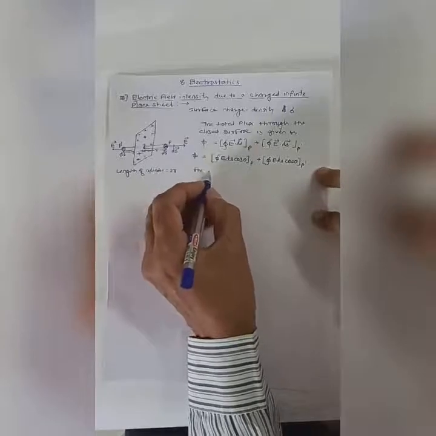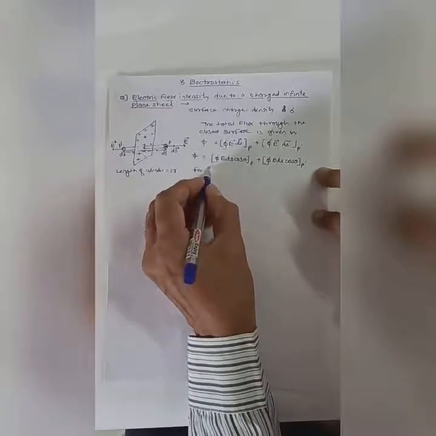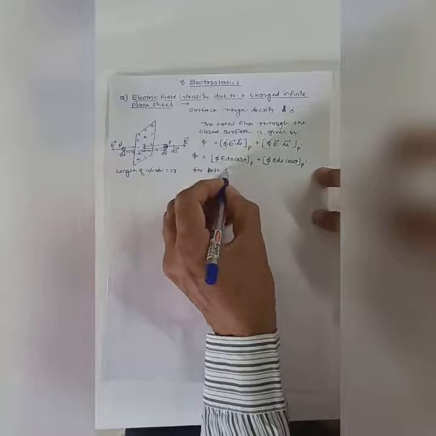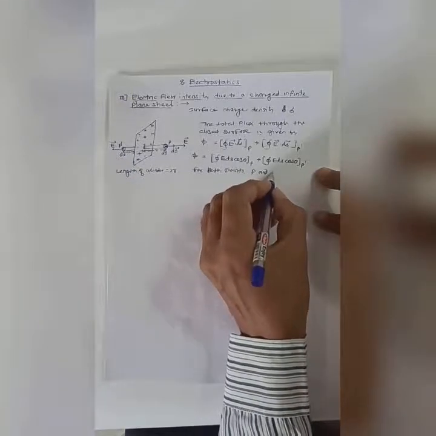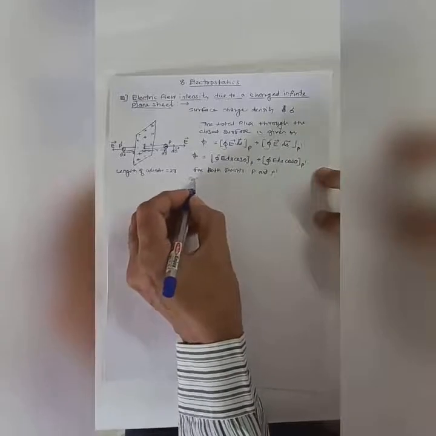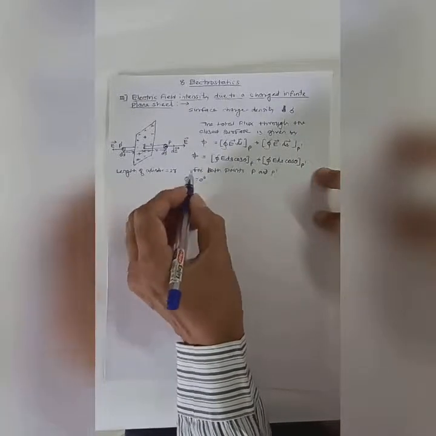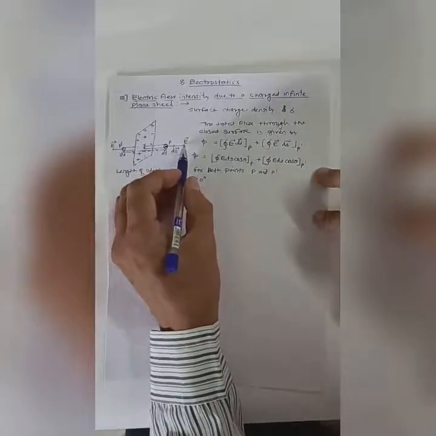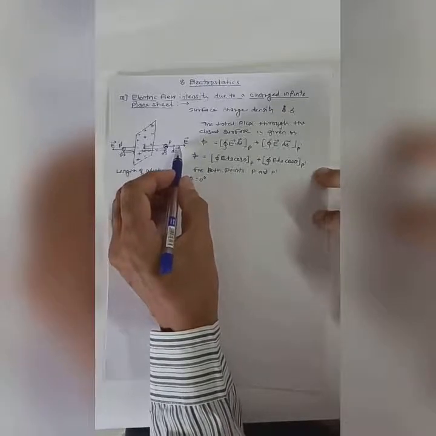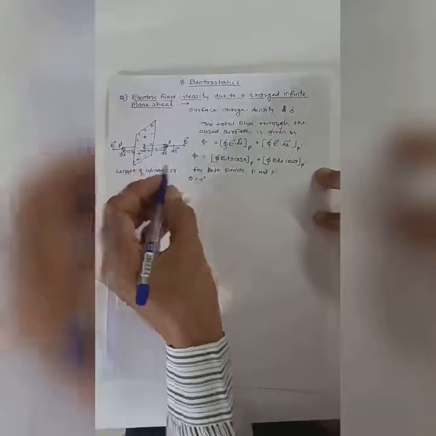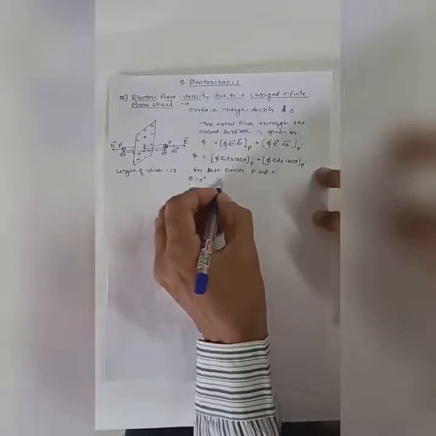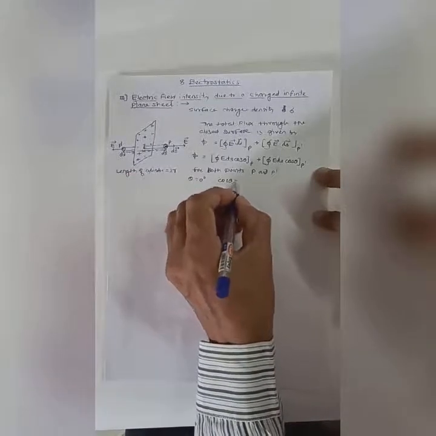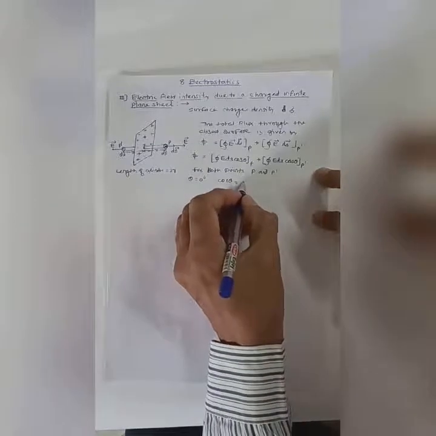For both points P and P dash, theta is equal to 0 degree, because E and ds both are directed along the same direction. So cos theta is equal to cos 0, and cos 0 is equal to 1.